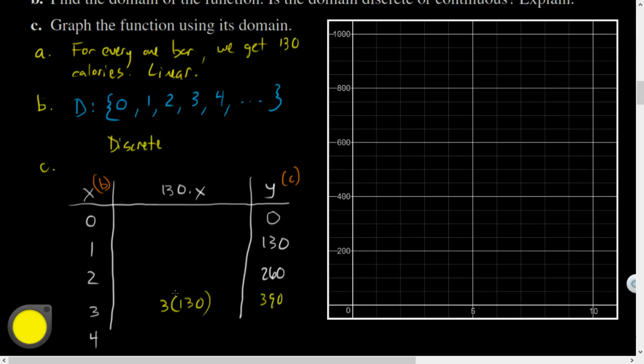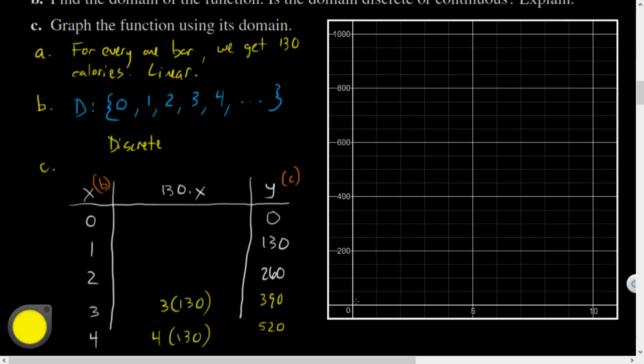Yeah, and I could have gotten that by doing the work out or by using my pattern. And let's see, this one's a little trickier. 4 times 130, what do you guys think? I think it's, yeah, 520 is what I'm feeling.